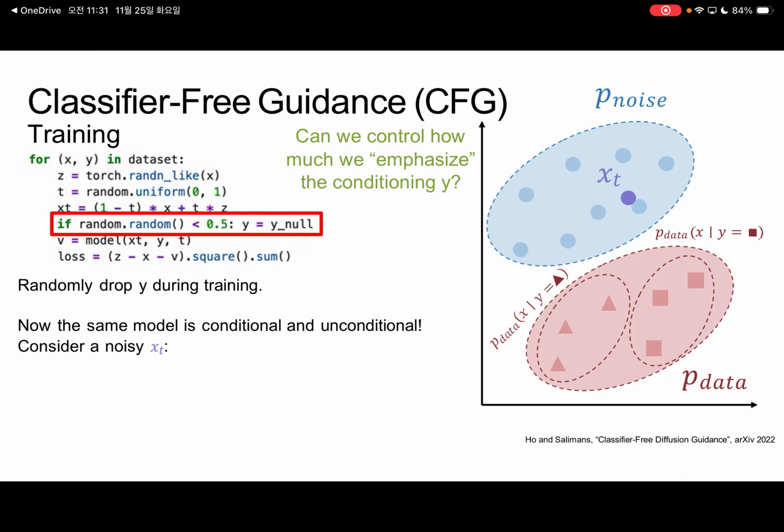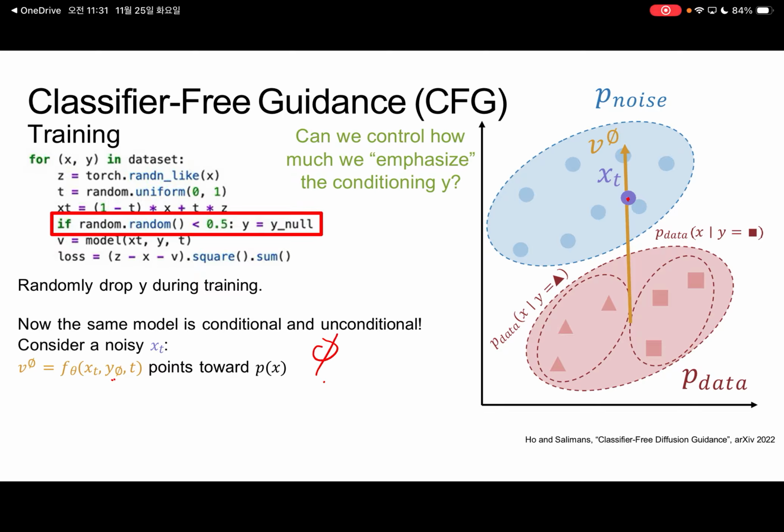And then we have the same model, conditioned on noisy xt. xt is somewhere here, right? We have xt, and then we pass y null, meaning no condition. For example, for a text prompt, we just pass quotation marks, an empty string, no text. That means y null for the text prompt.